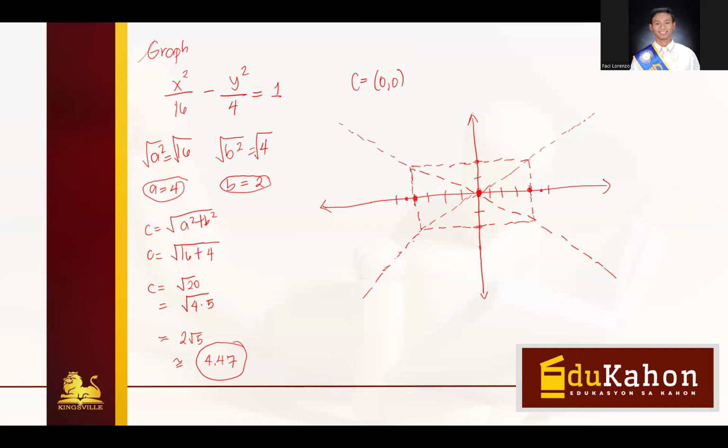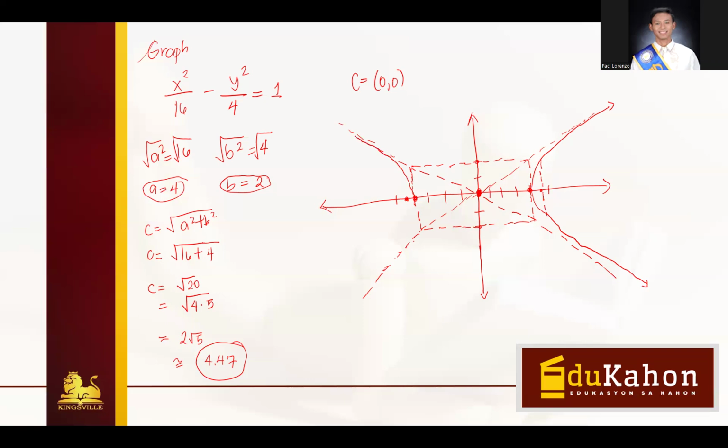Now, if you try to graph the following, you try to have your arrows oriented by the asymptotes. And we try to draw your latus rectum. Again, this is your foci.